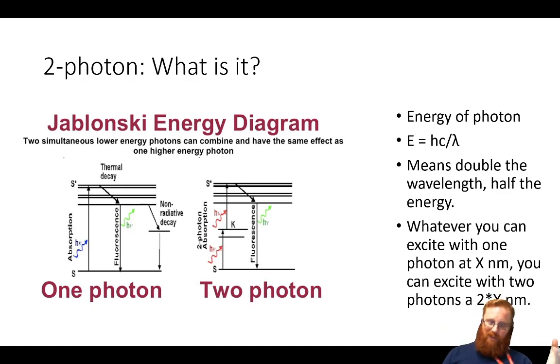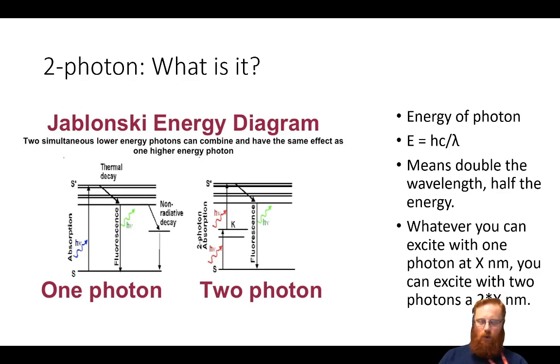Two photon fluorescence is kind of the same, but a little different, right? Same concept. You've got an electron, you excite it to a high energy state, it twiddles around a little bit, and then it emits that energy as a slightly lower energy photon. But the trick here is, instead of it absorbing one high energy photon, it has to absorb two low energy photons.